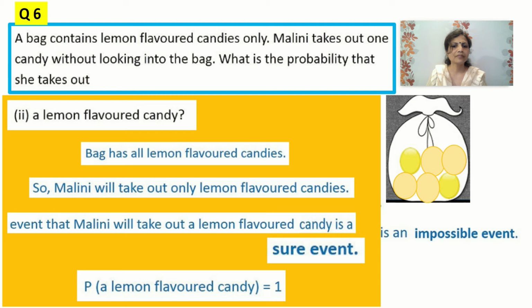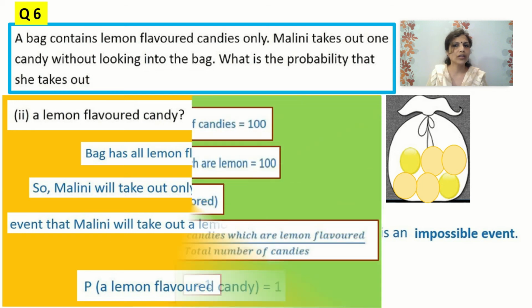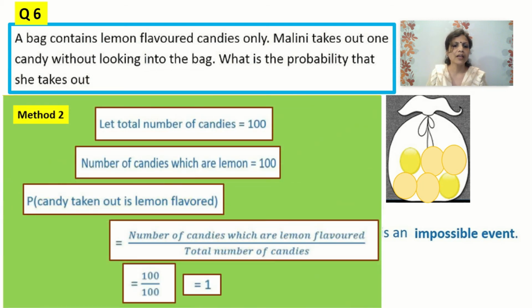Alright. Then this can also be solved by another method. You take the total number of candies as 100. So the number of candies which are lemon is equal to 100. So the probability of the candy taken out being lemon flavored is equal to the number of candies which are lemon flavored upon the total number of candies.